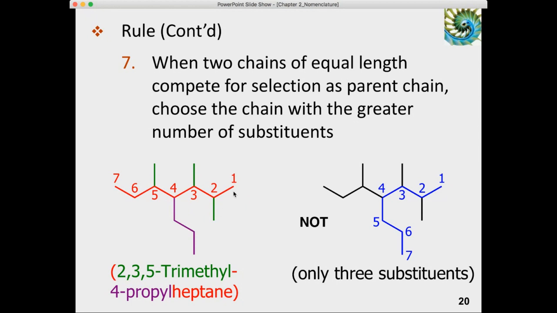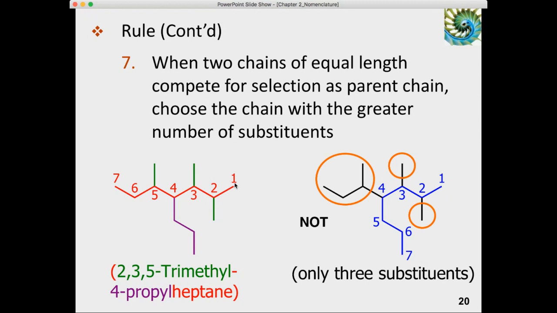The carbon chain on the left has 4 substitutions, 1 in position 2, 1 in 3, 1 in 4, and 1 in 5. Whereas the one on the right side has only 3 substitutions, 1 in position 2, and 1 in 4. So the parent chain would be the one in red because that's the one with a greater number of substituents.